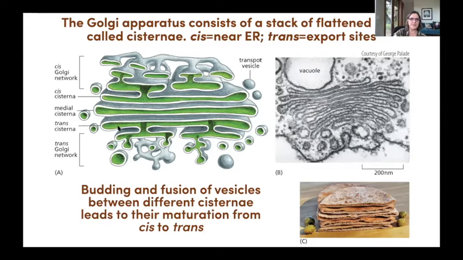And then other vesicles join these compartments and bring in components that make them part of the medial cisternae, and eventually the trans cisternae. I have a nice video that I'll provide a link to that I think helps to illustrate that better than I just explained it. But basically, these compartments undergo maturation from cis to medial to trans by having things come into them and leave them through these vesicle transport processes.